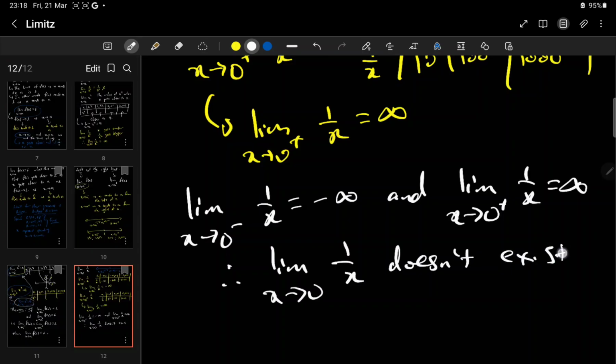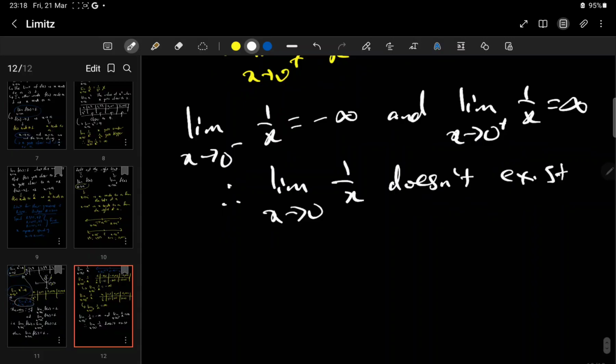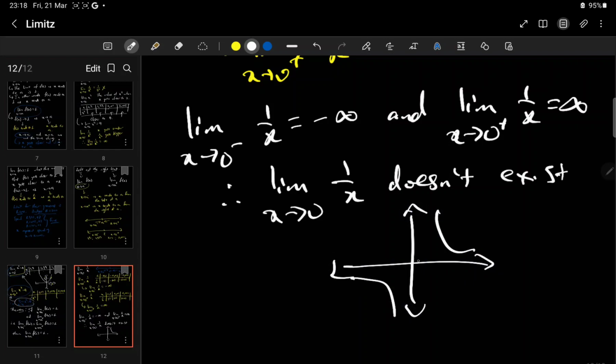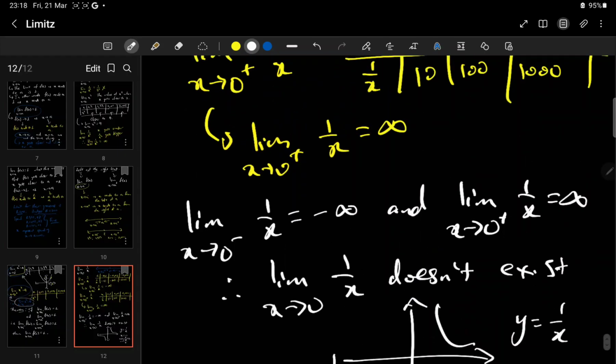In fact, this is true because 1 over x is the hyperbola, and x equals 0 is the asymptote. So the limit doesn't exist, obviously, at the asymptote.